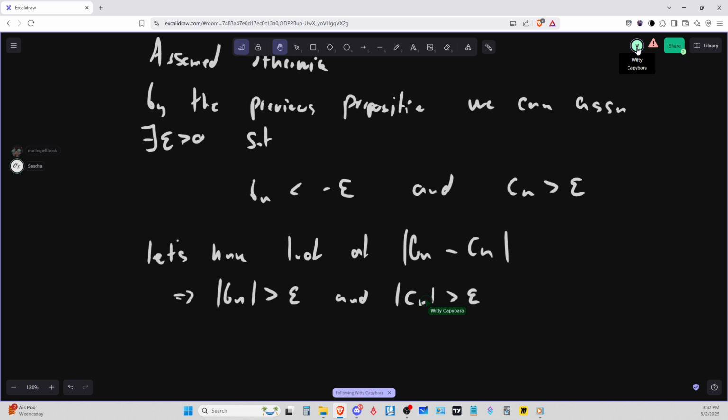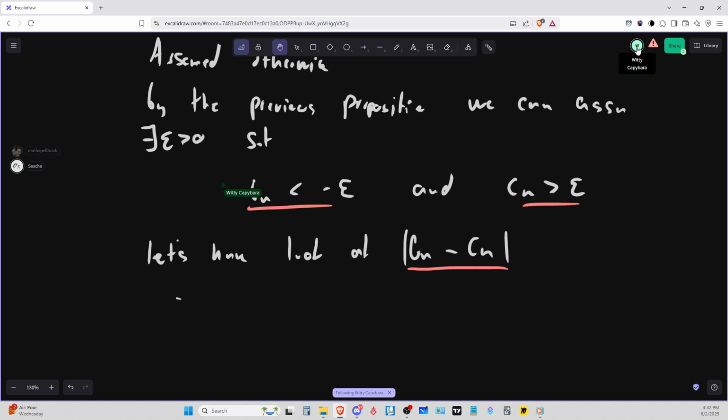Now we need a clever way to get a bound on that. I don't think I want to use that. I think I want to use the thing that I wrote earlier. So we're gonna use those two to get the bound I want. I want the bound on Cn minus Bn.